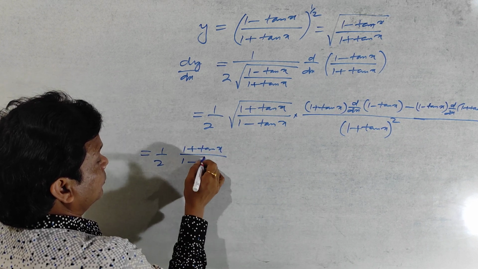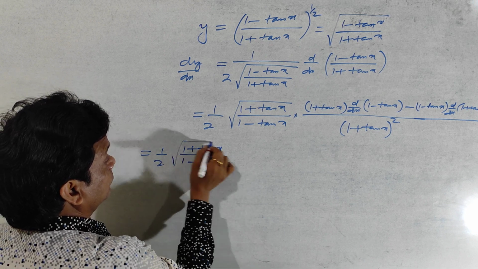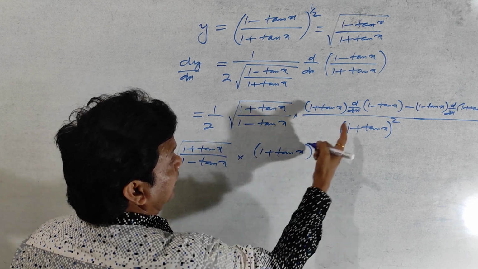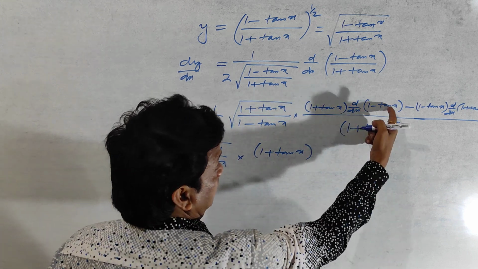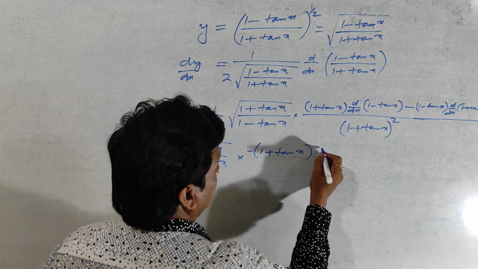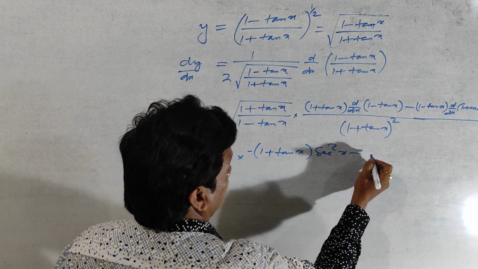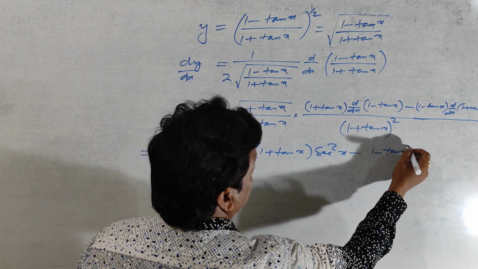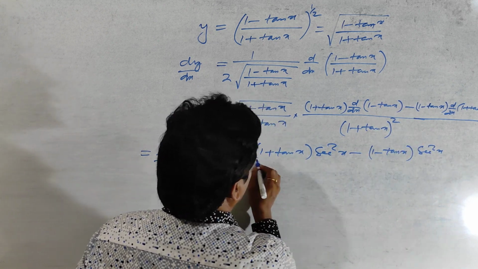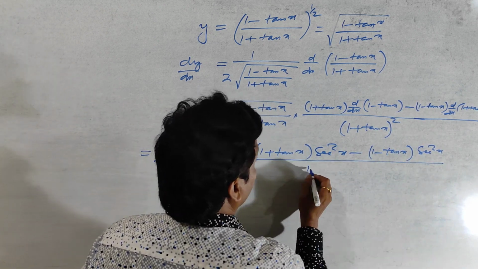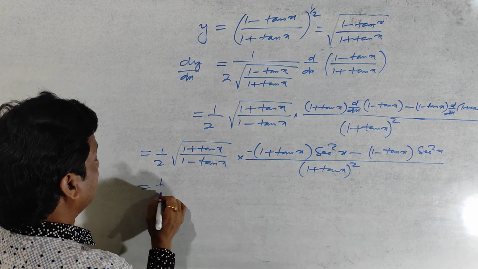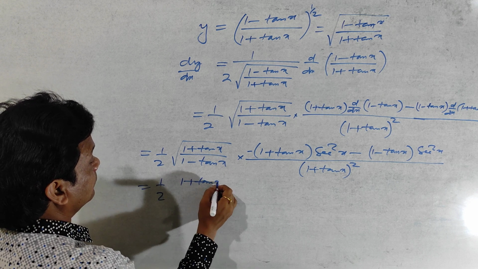Let us see what we are going to get. 1 plus tan x, the derivative of 1 is 0 and the derivative of tan x is sec square x, and minus sign is there. So write minus here, it is sec square x, minus 1 minus tan x. Then the derivative of 1 is 0 and the derivative of tan x is sec square x, divided by 1 plus tan x whole square. Whether you can simplify it or not, I have some doubt.